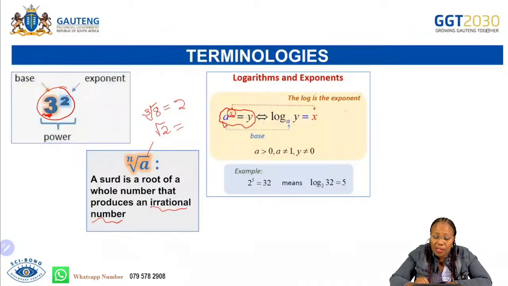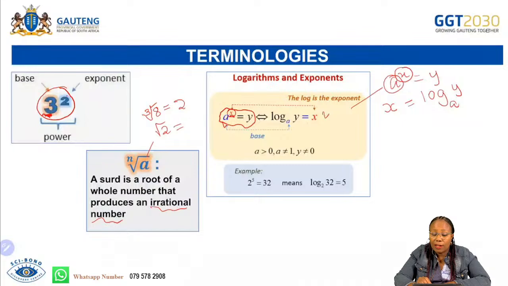What is happening here is, if I have a to the power x equal to y, and we are solving for that x, we can bring that x down. But the minute we bring it down, we create a log on the other side. That will be log of y, and this a now becomes the base of this log.